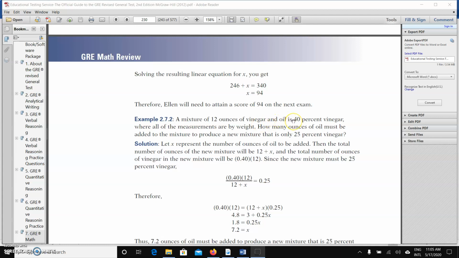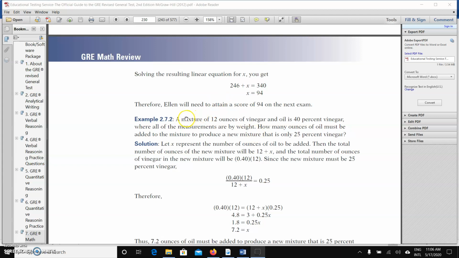We don't know the amount of oil here, but we are given percentage here, so we don't even know the total package here. It's because it's given to us in percentage. So let's be smart here. Now, let's say 0.40 is the percentage of this, of 12, right? Let me continue. So then the total number of ounces of the new mixture will be 12.